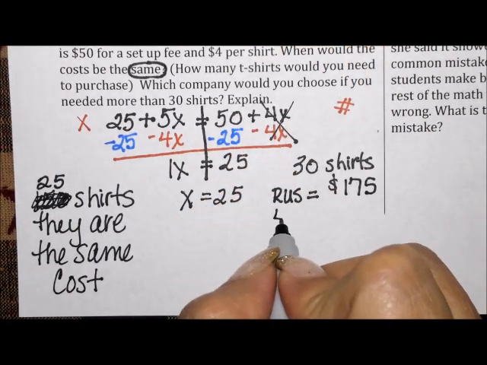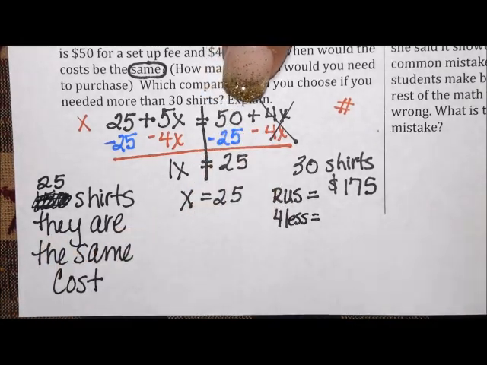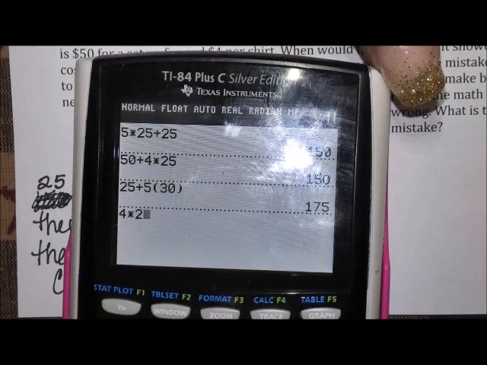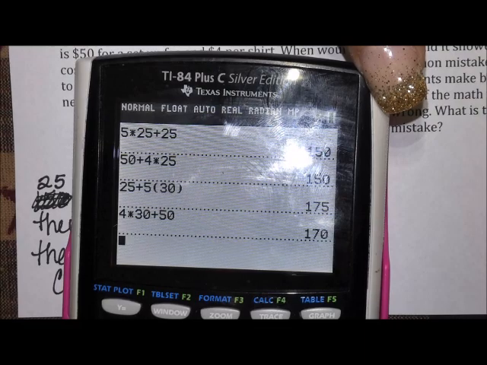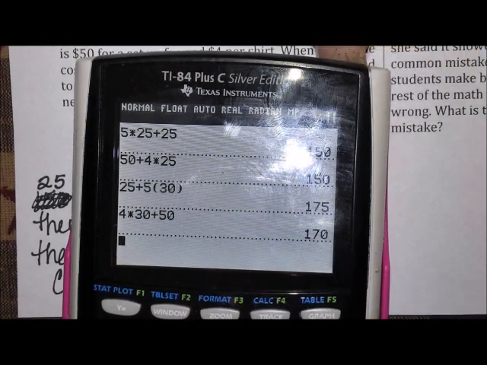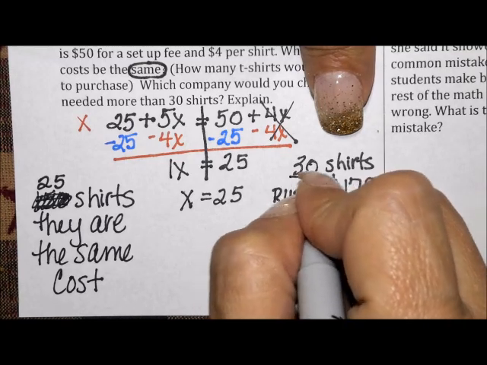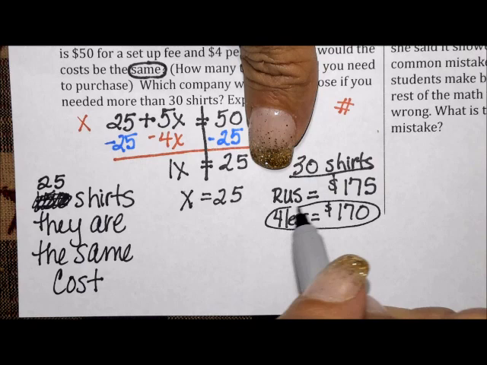Now let's do shirts for less. Let's use this side. 4 times 20. Nope, times 30. Plus the $50 setup fee. They're only going to charge me $170. So for 30 shirts or more, shirts for less is going to be cheaper.